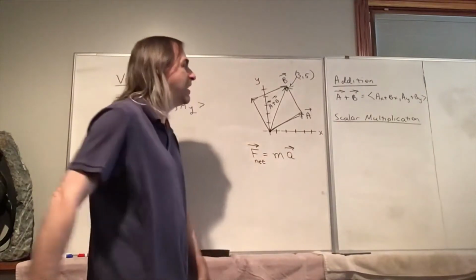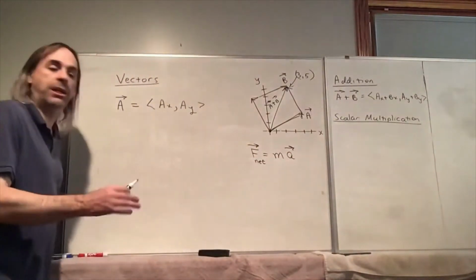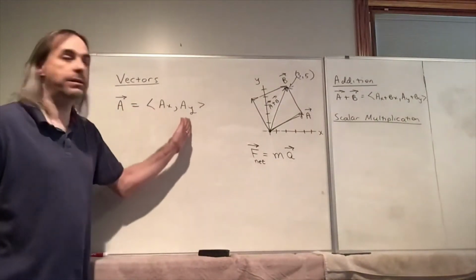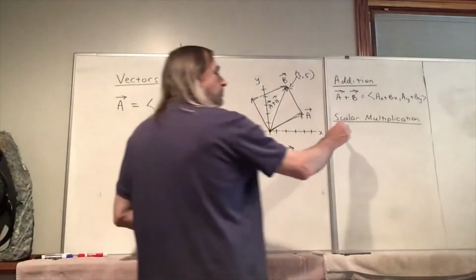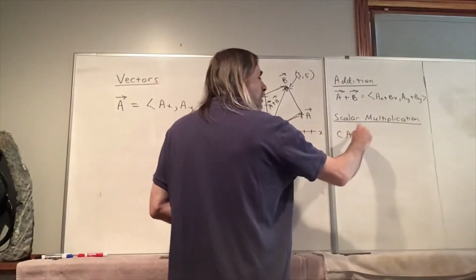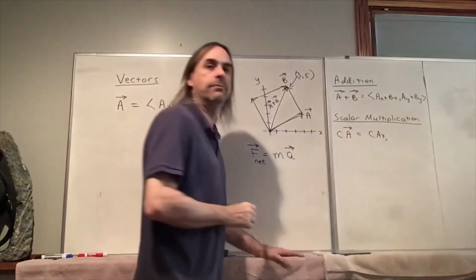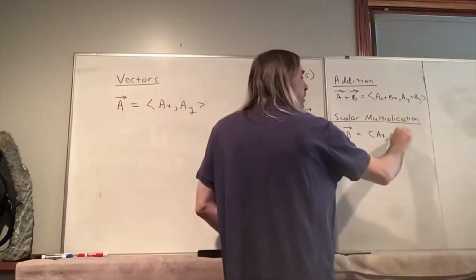The rule for this is about as easy as anything could be. Let's say A is our vector, ax comma ay. Let's say we multiply it by c. Then we have, let me just write down the formula.